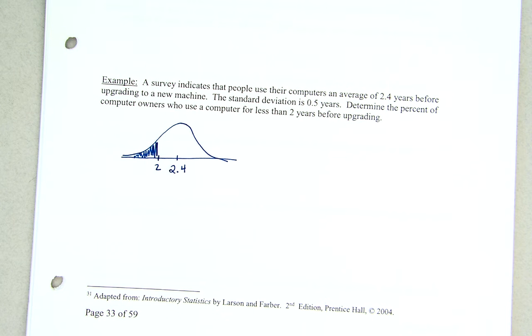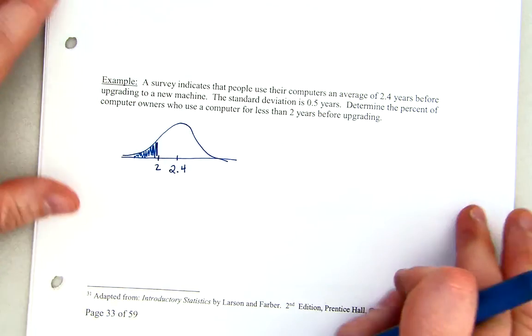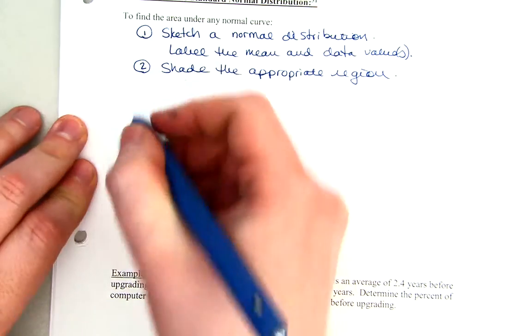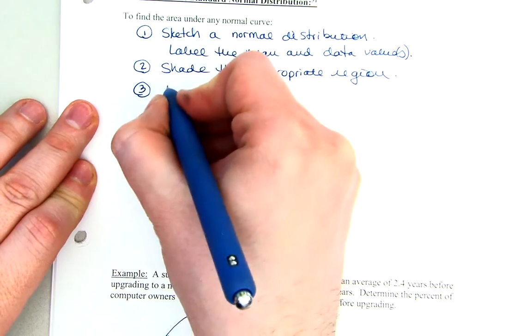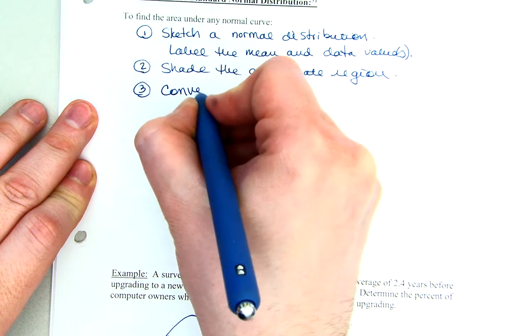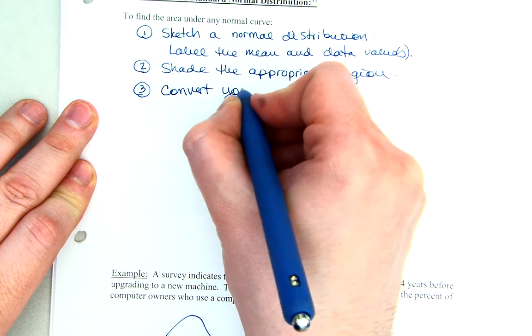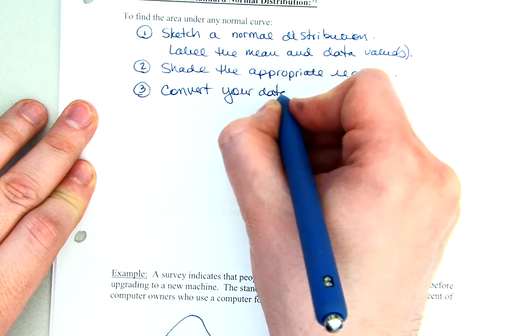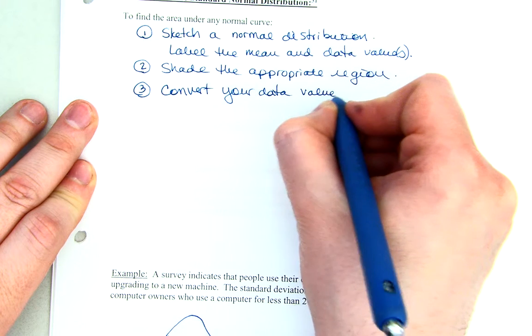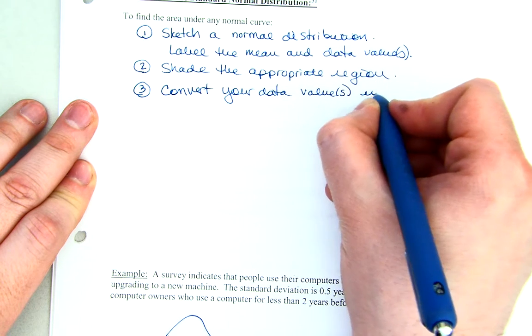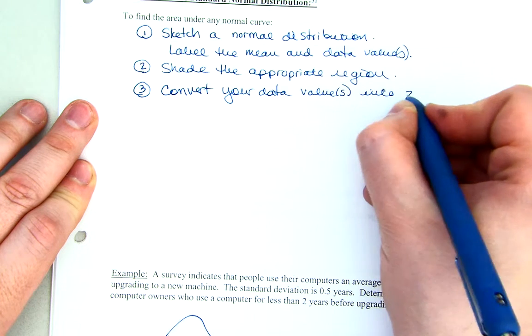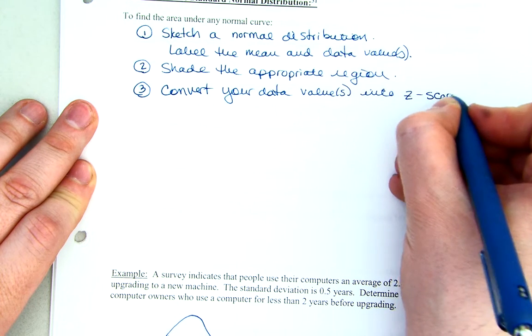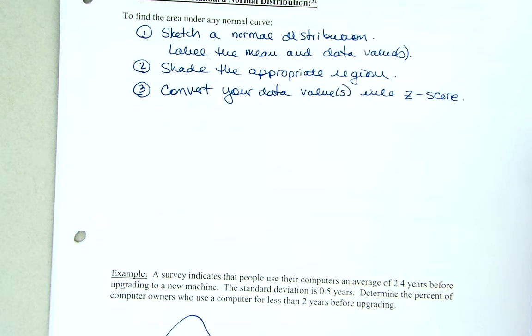Step number 3. I need to convert my data value or data values into z-scores. Convert your data value or values into z-scores. We want to figure out how many standard deviations away from the mean we are, and if we're above the mean or below the mean.